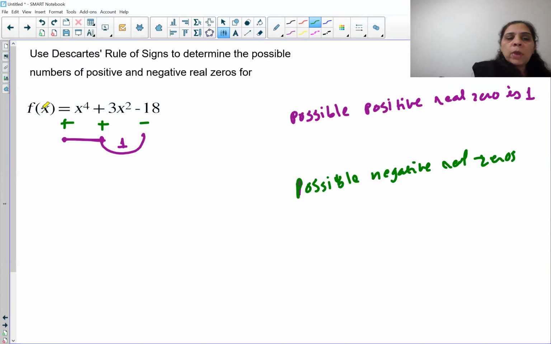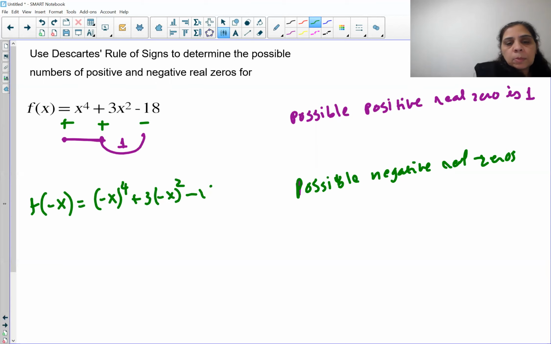So how we can find it is just we will evaluate f of negative x. So we'll plug in negative x, minus 18. If we have a negative base with even power, the answer will be positive. Here is also an even power, so the answer is positive.